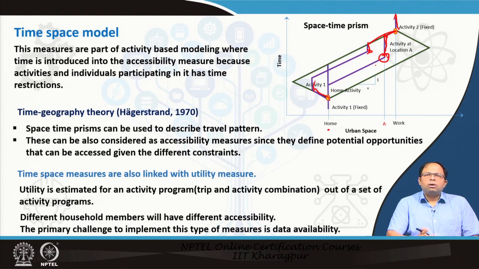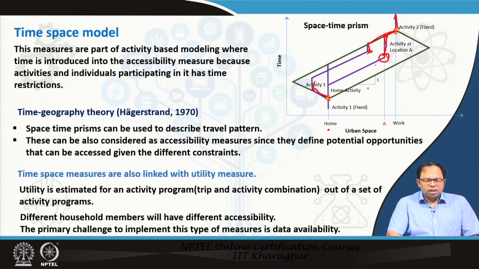This actually talks about what activities a person does throughout the entire day, and when he chooses to go to an activity, what time he wants to go there, how much time he wants to spend there, and how he wants to organize his entire day's time. So this is the activity based approach to modeling, and this is what is considered in this time space model. In those activity based models, this kind of accessibility measures are used.